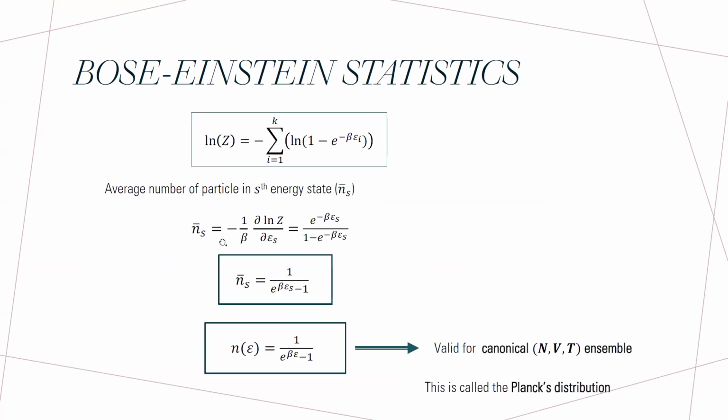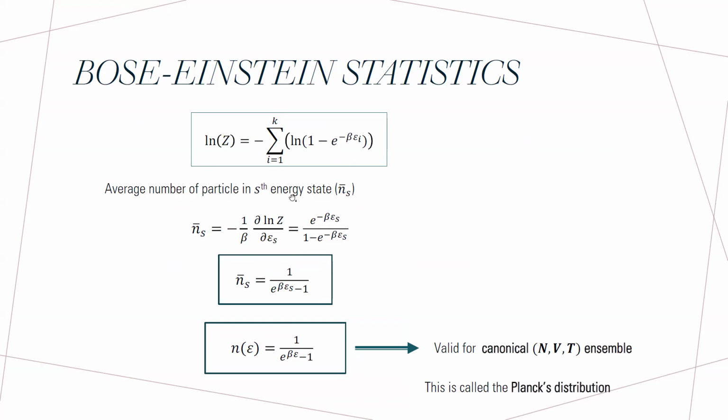So we can calculate the average number of particles in the s energy state using minus 1 over beta times the partial derivative of ln Z with respect to epsilon s.